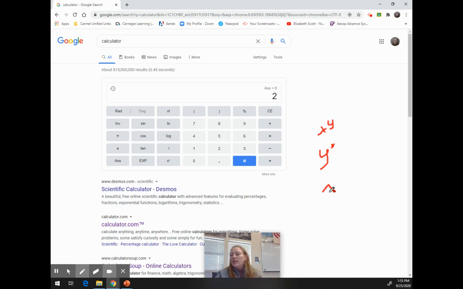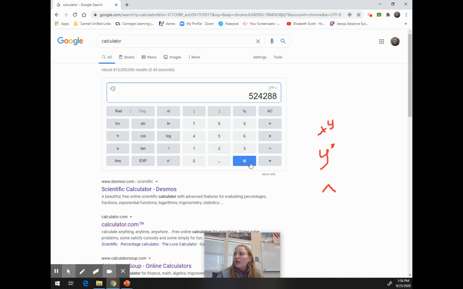If you hit this button, it will let you type in an exponent. So I can now type in 2, hit the button, type in 2 to the 19th power, and hit equals, and it found it for me. This is a super cool button to know about, this exponent button, whichever one it looks like on your calculator, but it allows you to do any exponent you want. So I can do 2 to the 19th power.